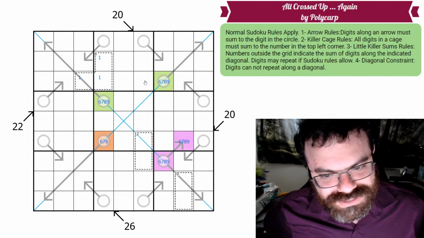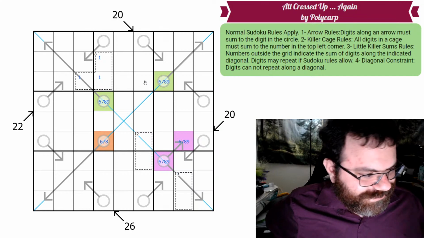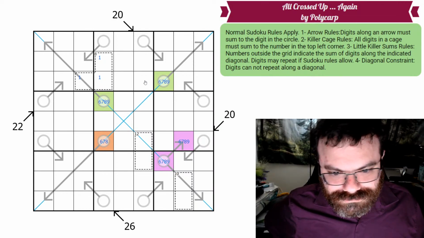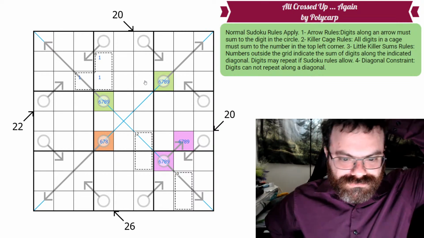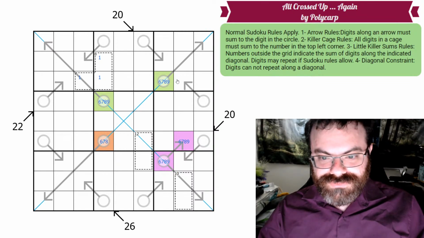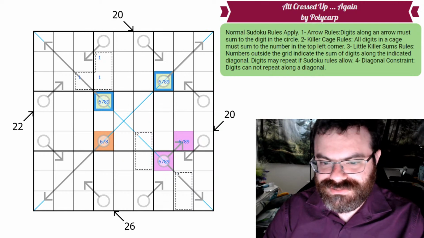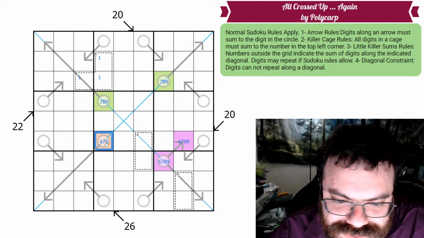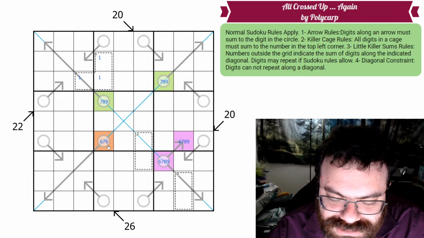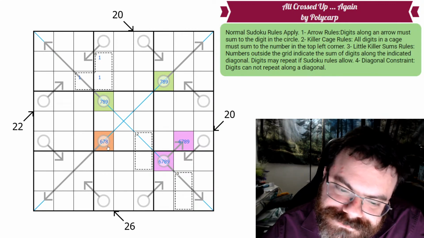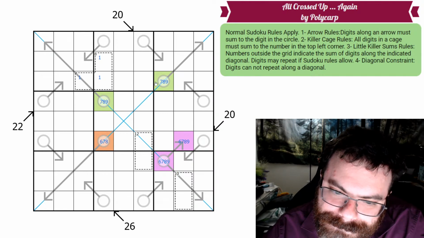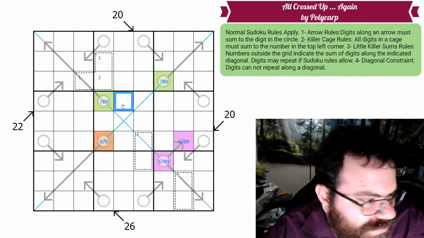Ledger's putting money that green is 9. Anyone else want to? Green can't be 6 because it would have to pair with a 9 on the orange, and it can't be 9. It could be 7, 8, or 9.